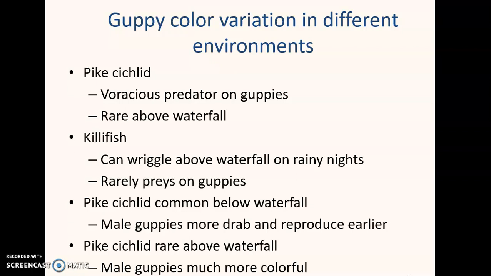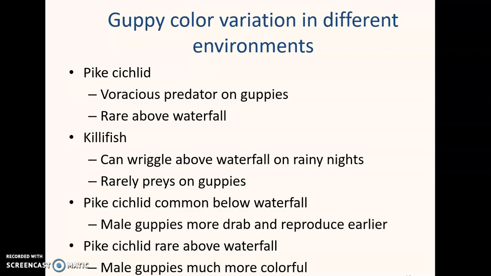Killifish. These occur both above and below waterfalls. They're capable of wriggling above the waterfall on rainy nights, just kind of walking on land, if you will, crawling through damp leaf litter. However, while it is a predator, it rarely preys on guppies.